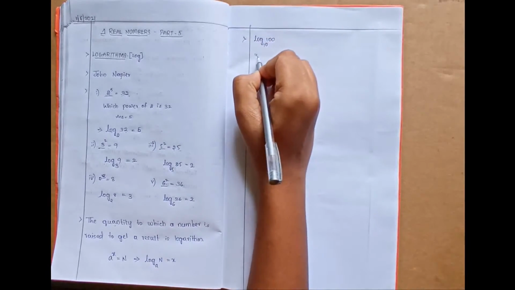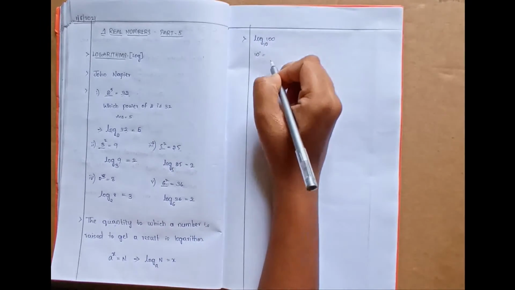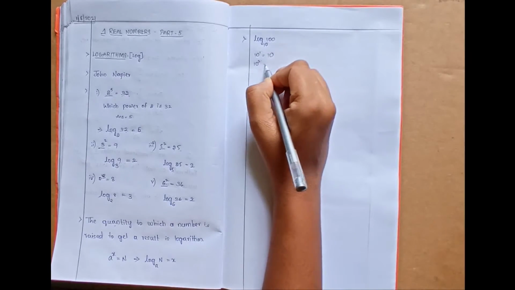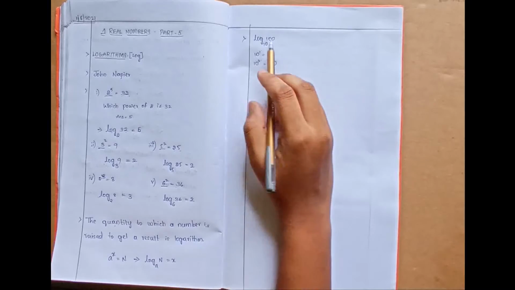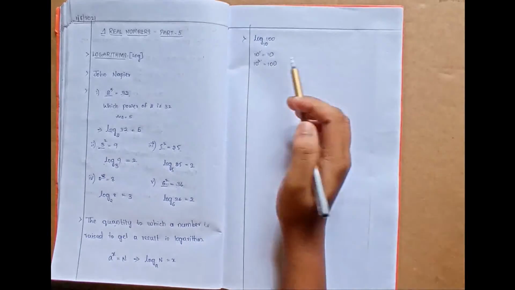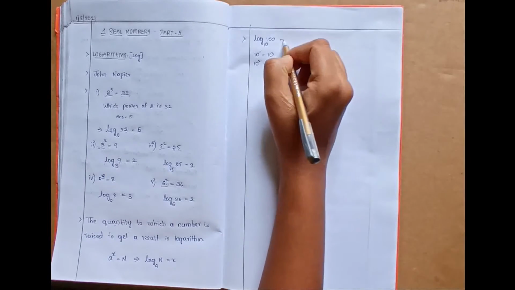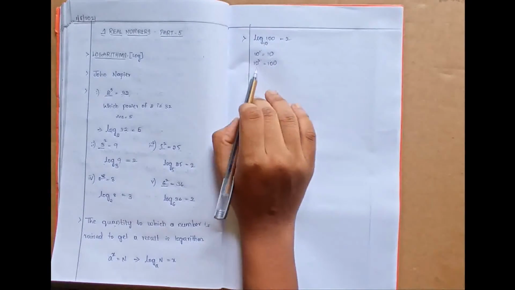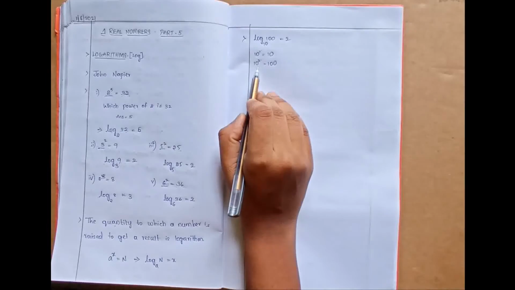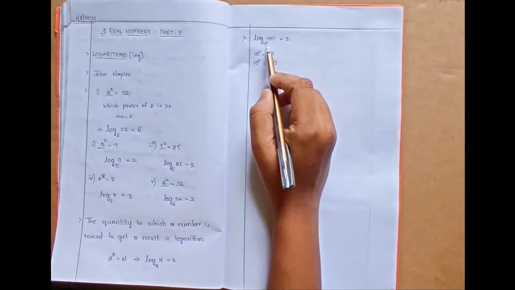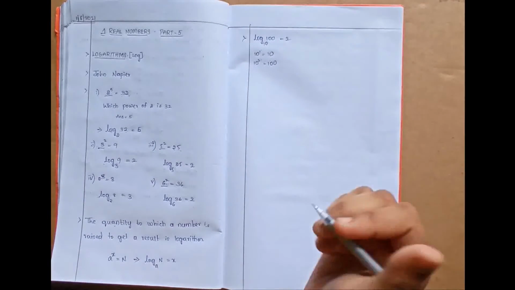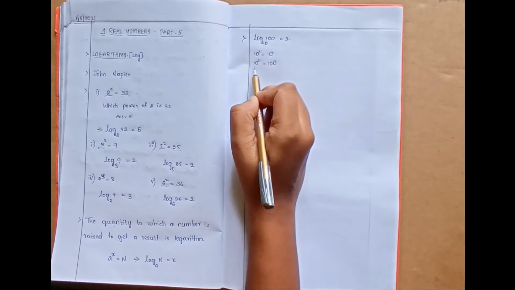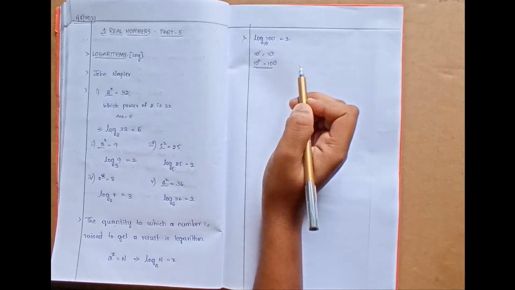Let's check it out. 10 to the power of 1 is equal to 10. 10 squared is equal to 100, right? Here 10 is raised 2 times to get 100, so the answer will be 2. So here we showed the exponential form.